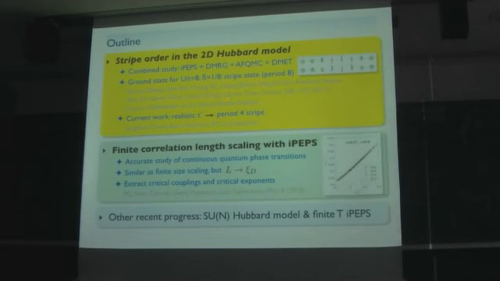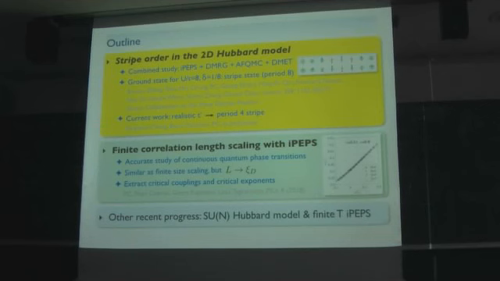And the goal of this collaboration was to focus on one particularly challenging point in the phase diagram of the 2D Hubbard model, so U over t equals 8 and 1/8 doping. And then by pushing several state-of-the-art methods to their current limits, try to get a conclusive answer what the ground state is at this challenging point in the phase diagram.